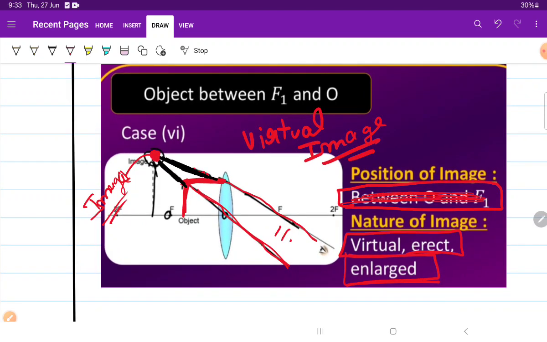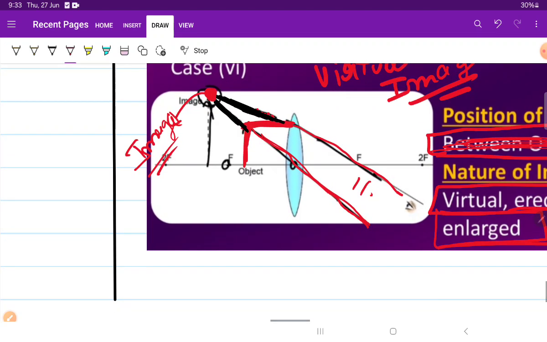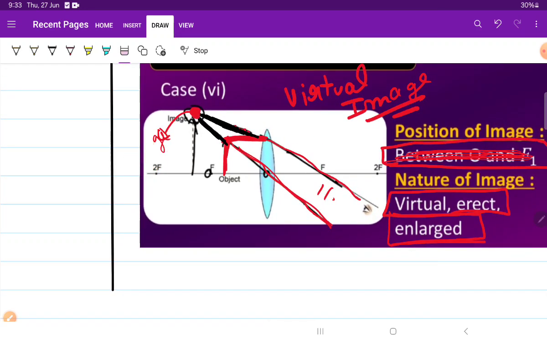Students, don't see this, there is a typing mistake. On the same side of the lens where the object is placed. That means object is placed over here, image is forming over here. So on the same side of the lens where the object is placed. I hope that is clear to you all.